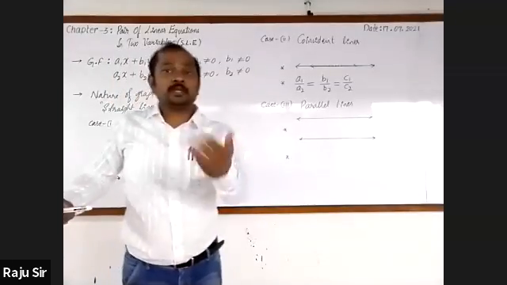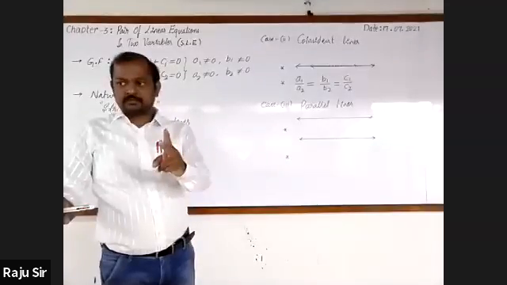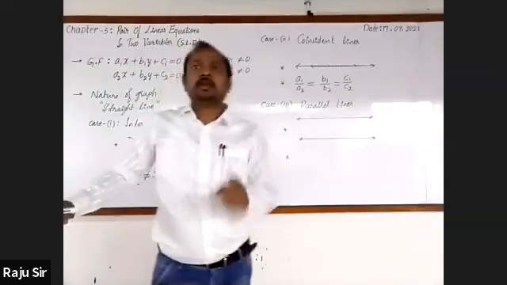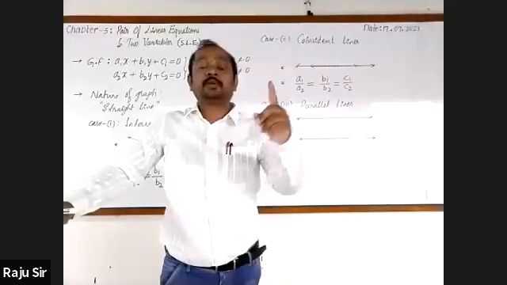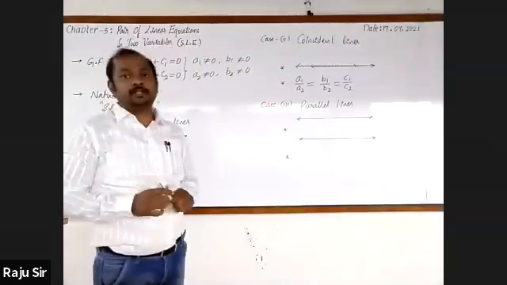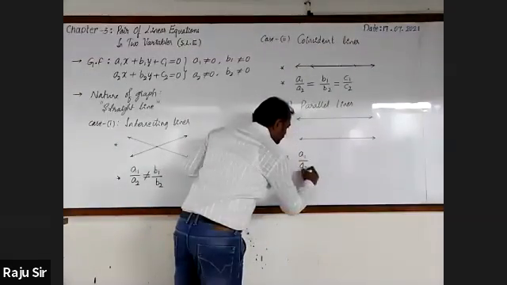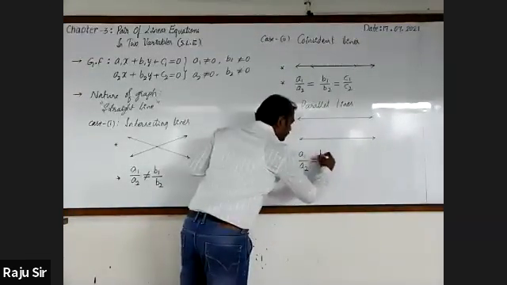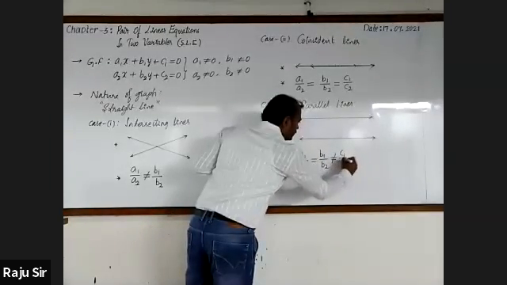What is the condition to be satisfied? The first two ratios are equal to each other, but not equal to the third ratio. That can be written as A1 by A2 is equal to B1 by B2, but not equal to C1 by C2.